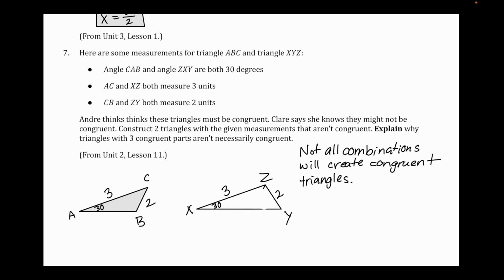Now, if you want to be more specific, which in this case they are asking you to try to be more specific, this is side-side-angle, but side-side-angle only works when the longer of the 2 sides is opposite of the angle. And in this case, we don't have that. So we just kind of don't address side-side-angle as a way to prove congruence at all.